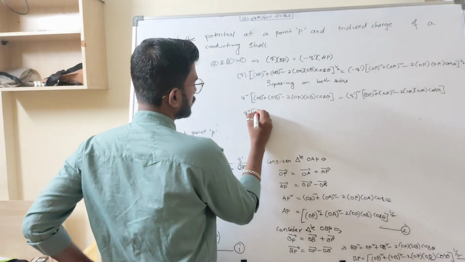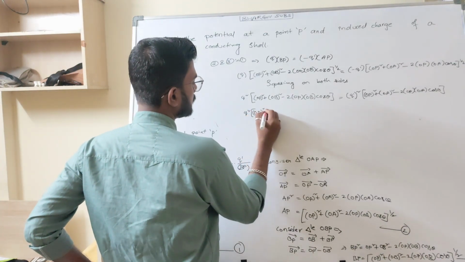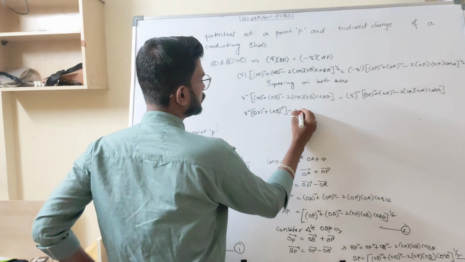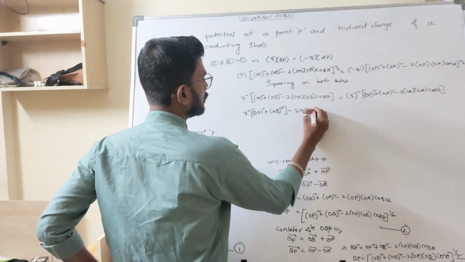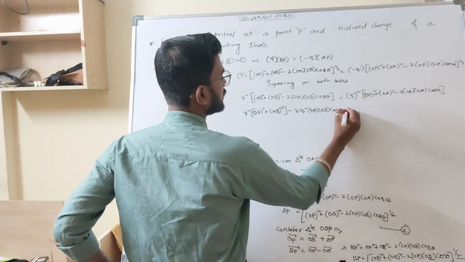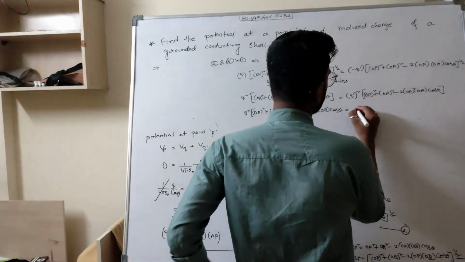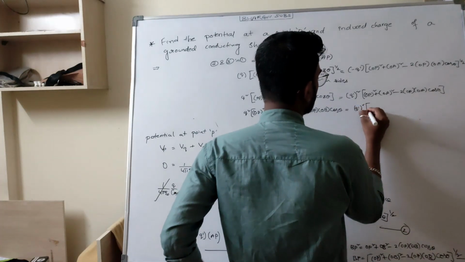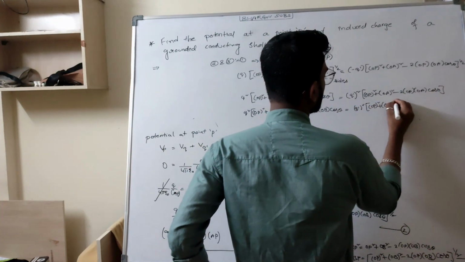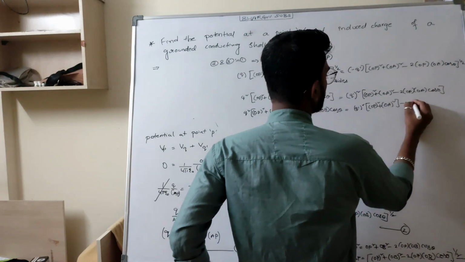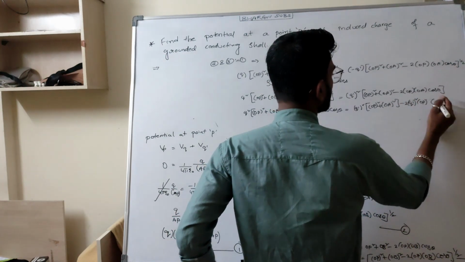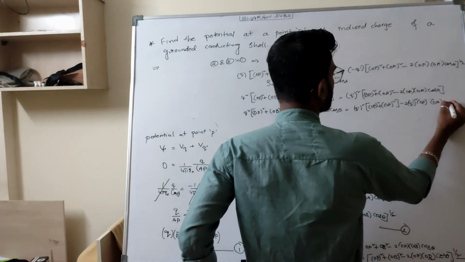Q square into OP square plus OB square minus 2 Q square OP OB cos theta is equal to Q dash square into OP square plus OA square minus 2 Q dash square OP OA cos theta.